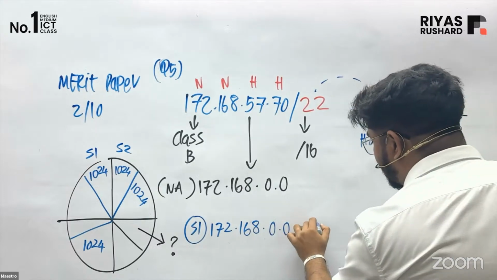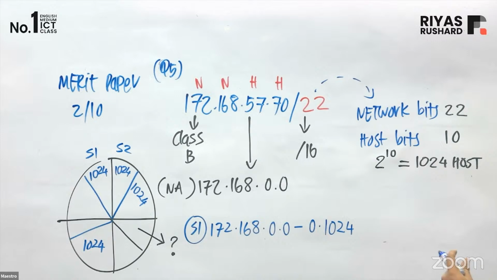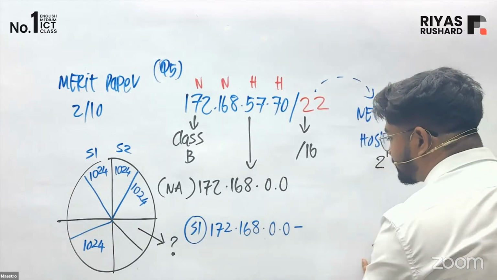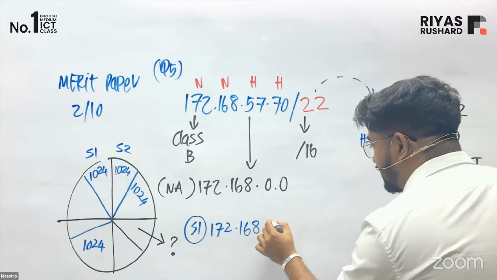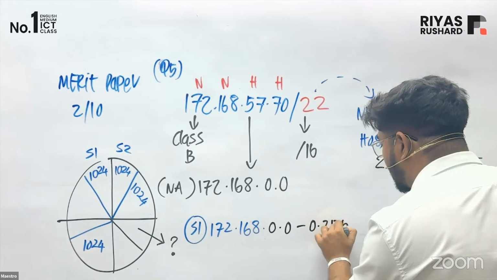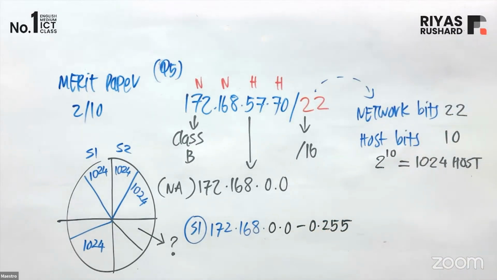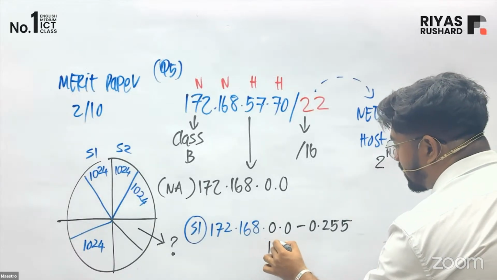So can I say 0.1024? Bad, it's wrong. What is the maximum I can go? The maximum is 0.255. Here you will have 256 computers.